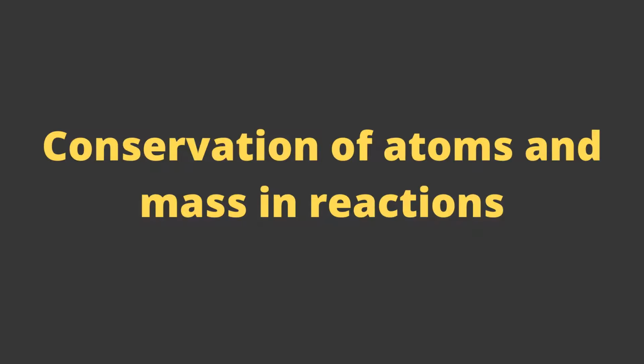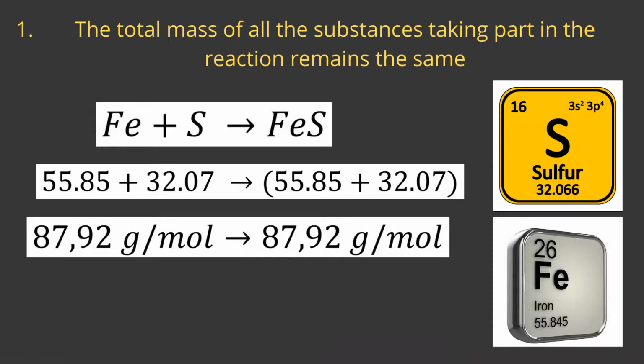You must be able to explain what you mean when we say atoms must be conserved, or the mass in a chemical reaction must be conserved. So the first thing it means is that the total mass of all the substances taking part in the reaction must remain the same, and we say it's the conservation of mass.